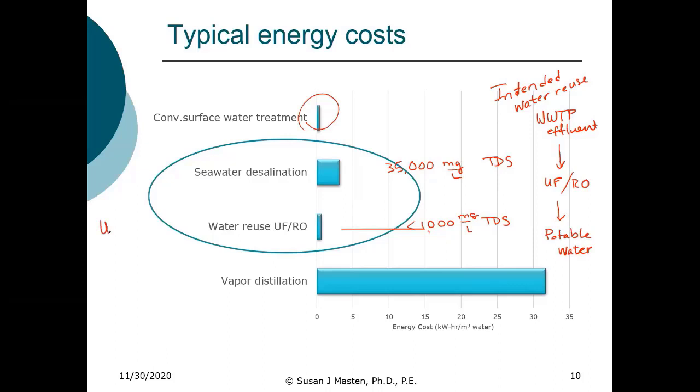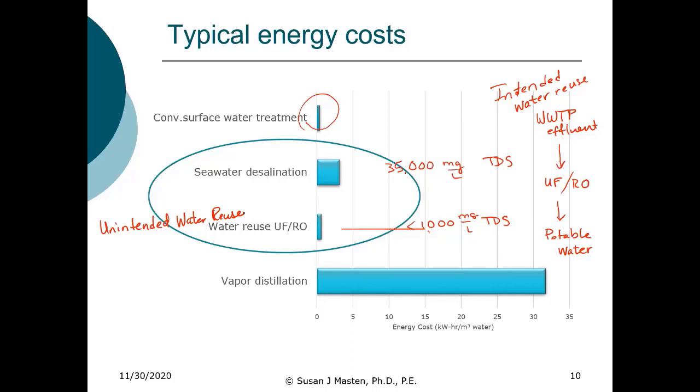So what is unintended water reuse? We're recycling wastewater effluent and then using it for drinking water. It's used in areas where water is scarce. So you'll see it used, for instance, in Israel. Singapore recycles a portion of their wastewater effluent.